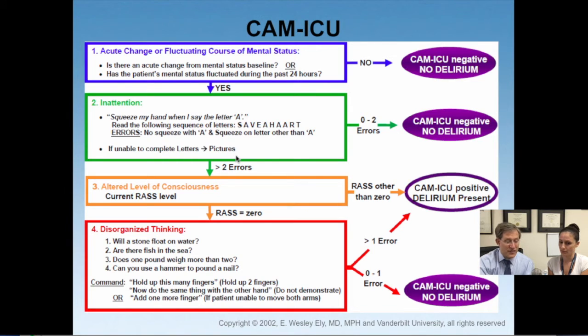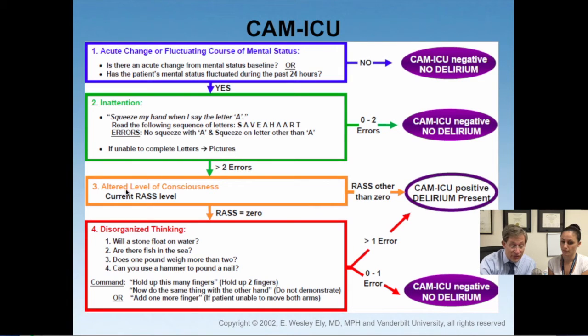So let me show you this, Dina. This is the real meat and potatoes of trying to figure out the CAM-ICU, and I thought we'd go over this in a little bit of detail because it's kind of important. So just in terms of helping the viewer map this to the previous slide, this is the circle showing that you have evidence of delirium, and you need to have the blue box, acute mental status changes and inattention.